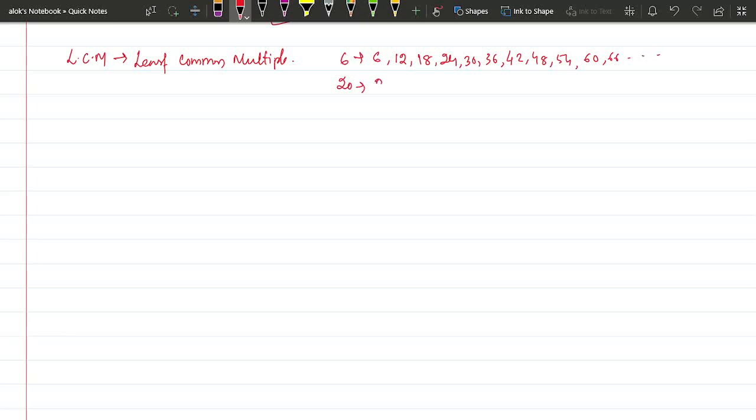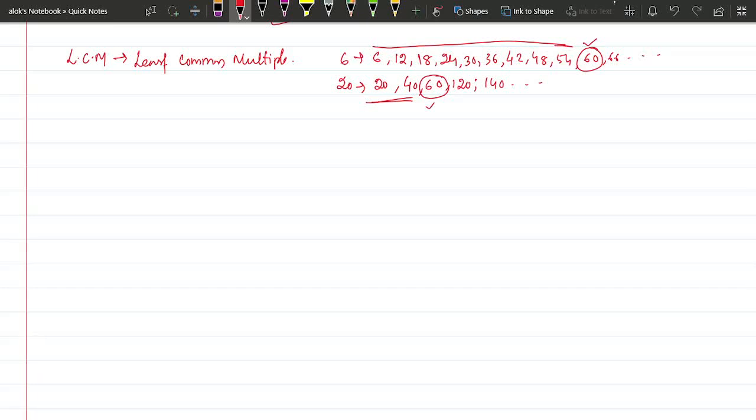And the multiples of 20 are 20, 40, 60, 120, 150. So here we see the least common multiple is 60. Only the smallest multiple that is common is 60.